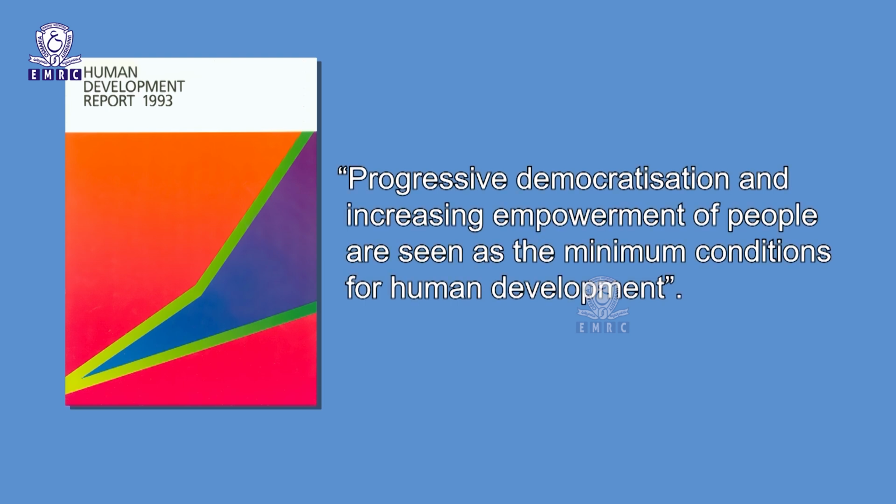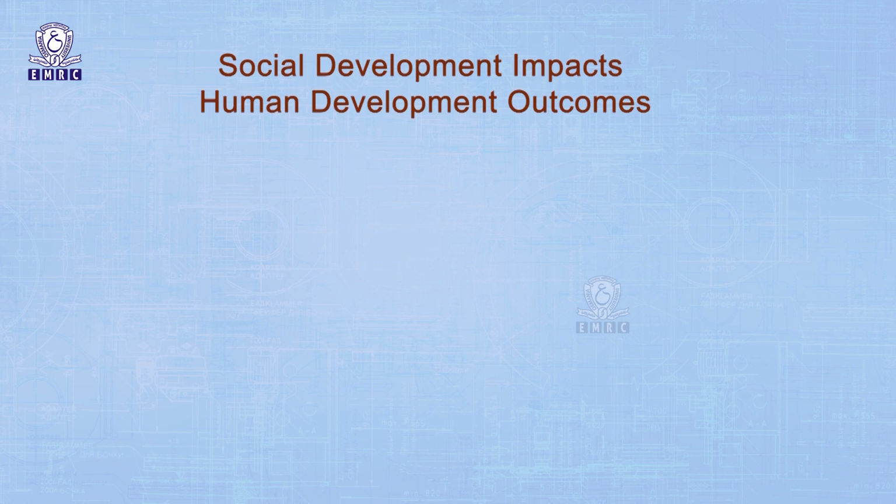According to the Human Development Report 1993, progressive democratization and increasing empowerment of people are seen as the minimum conditions for human development. Social development impacts human development outcomes.